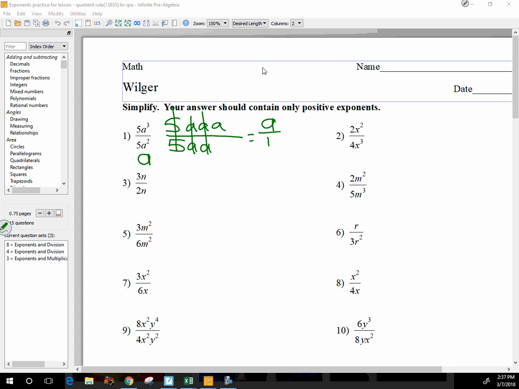Okay? Now here you can look at 2 over 4. We all know what 2 over 4 is going to simplify to. You're going to get 1/2. So 1 over 2x.